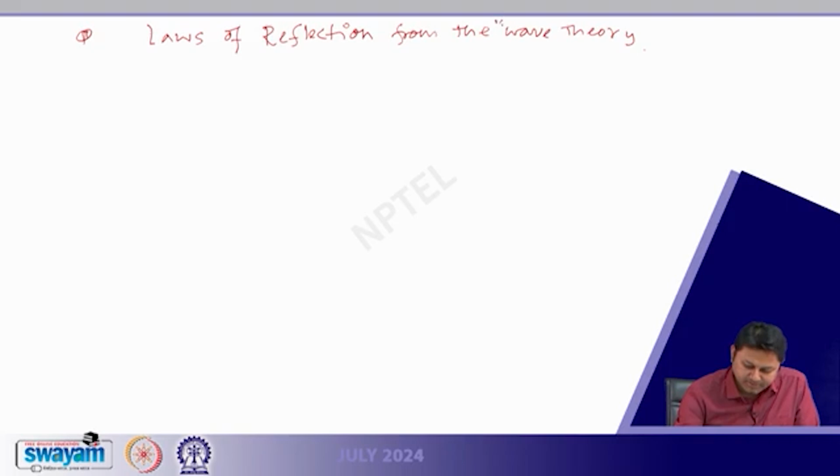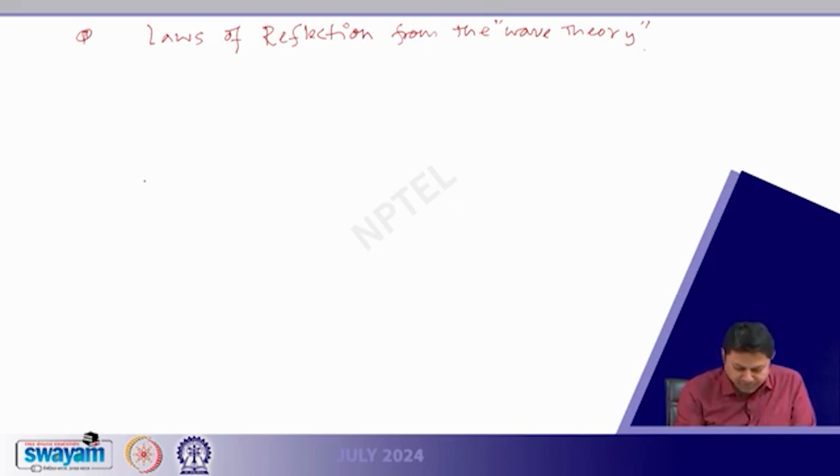We already introduced wave theory through Huygens' theory, that light is propagating in a particular direction, and all the points on the wavefront are secondary sources. Based on that, first we try to understand the laws of reflection.